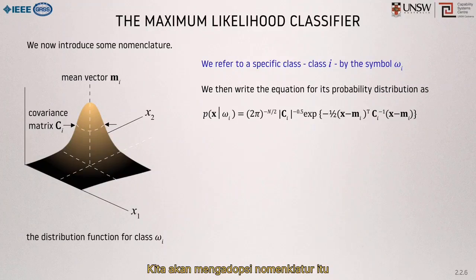We will adopt that nomenclature throughout this series of lectures. The class of interest will be indicated as omega subscript i. The probability of a pixel existing at position x in the multispectral space will be indicated as the conditional probability shown on the left-hand side of the equality here.